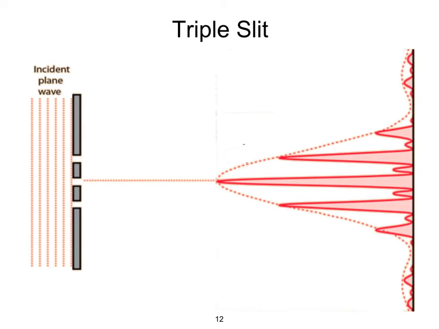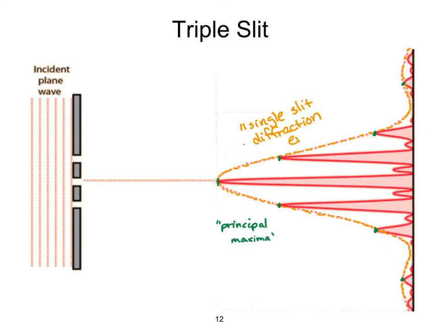The brightest fringes, whose intensity is limited by the shape of the single-slit diffraction envelope, are called principal maxima. But really not a whole lot changes. You still get these big, intense, bright spots, the principal maxima, and you still get a single-slit diffraction envelope. The biggest difference between double slit and triple slit is that the principal maxima are much narrower, and they're also much brighter in intensity.